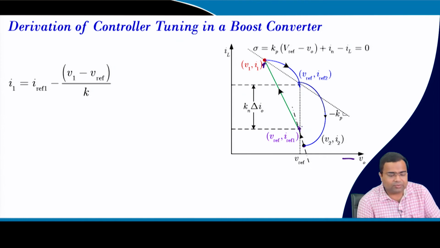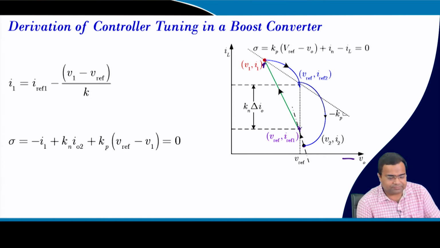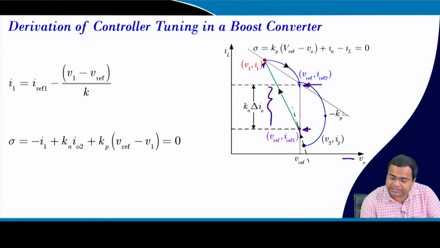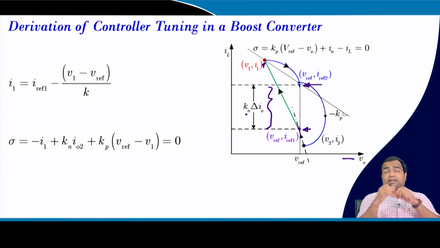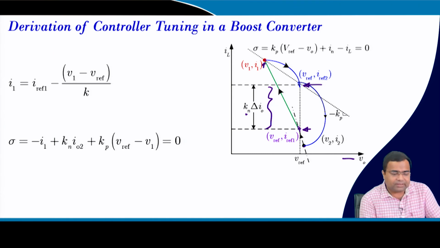So, where we need to substitute here, that means if we take this to be our initial average inductor current and this to be our final average inductor current, and this is the average current change, which is a function of load step size into the normalized factor, then we can find I1.